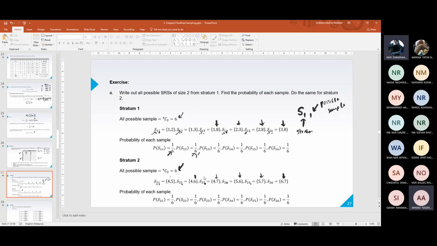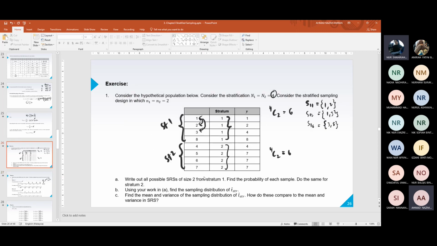All 1/6, because we have 6 possible samples. Now we already have listed down all possible samples for stratum number 1 and stratum number 2.